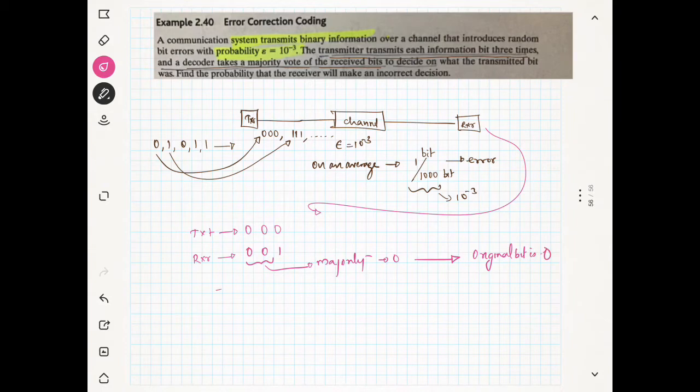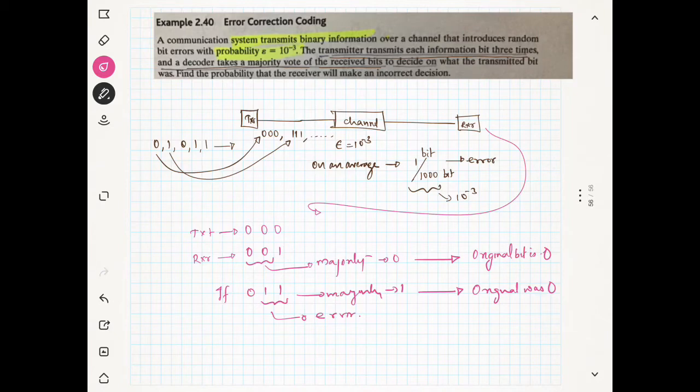But if it receives 0 1 1, then it will take the majority as 1, but the original was 0. That means this is an error. So we can expect an error if the majority vote is wrong.